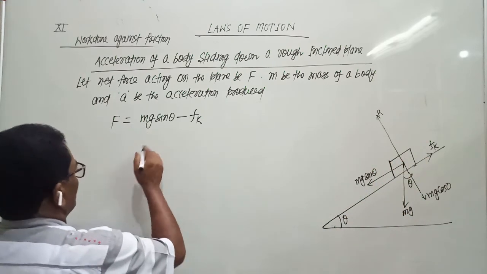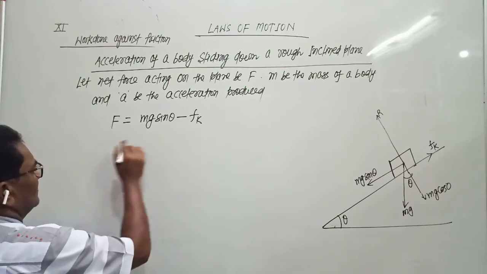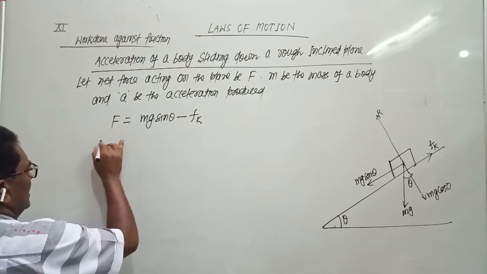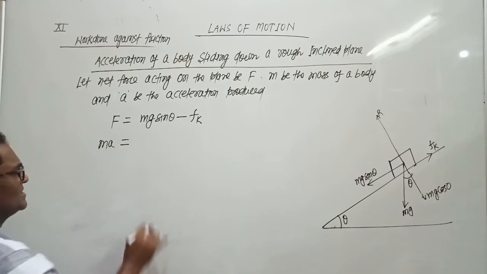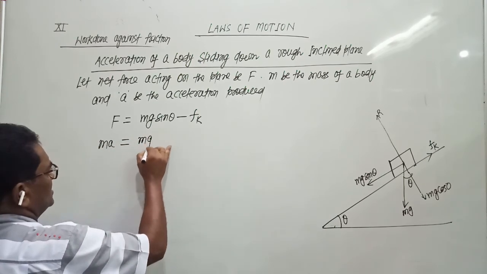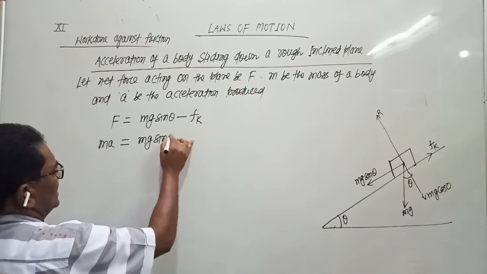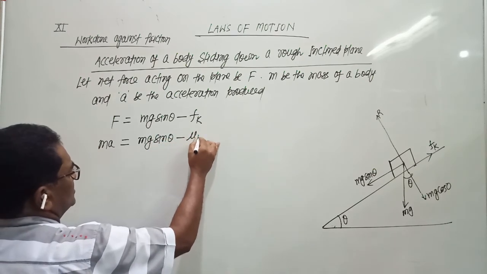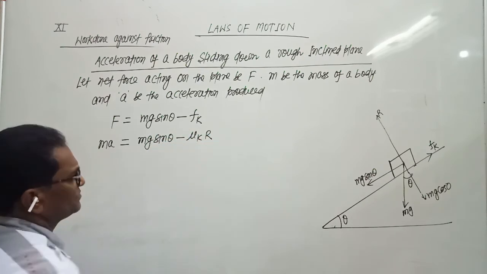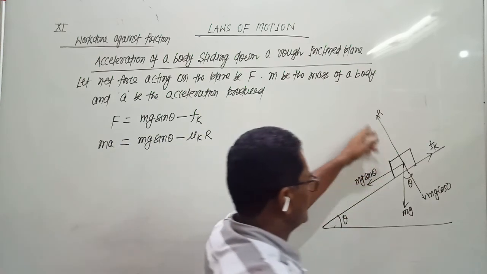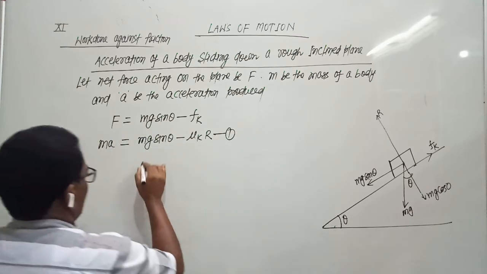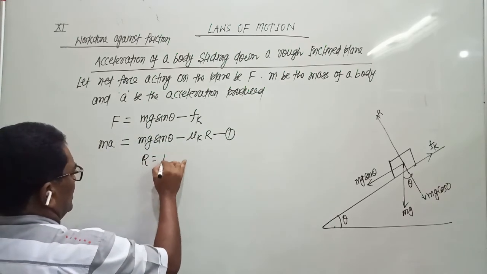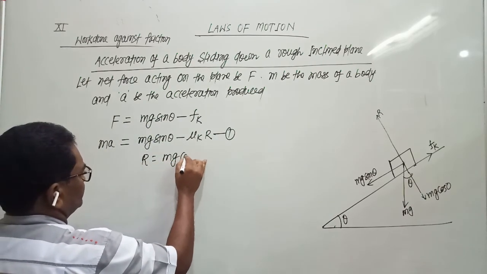From Newton's second law, the resultant force F equals mass into acceleration. Fk is written as mu k into R, and R equals mg cos theta.